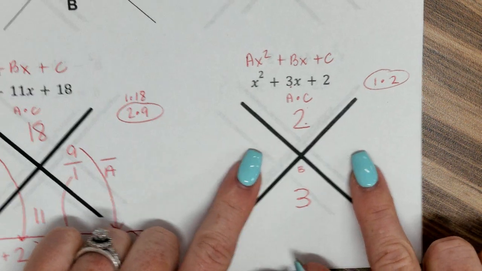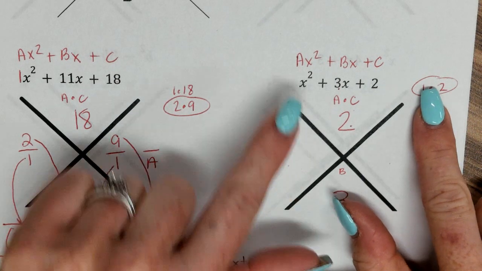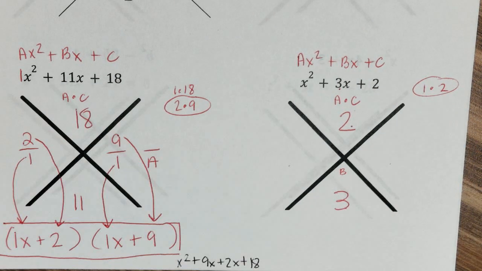And these boxes, these little parts of the square, you put these numbers over A. And again, today A will always be 1 because we start off with the easiest quadratics, but we've got to get in the habit of putting them over 1 or we won't understand how to do the hard ones, okay?